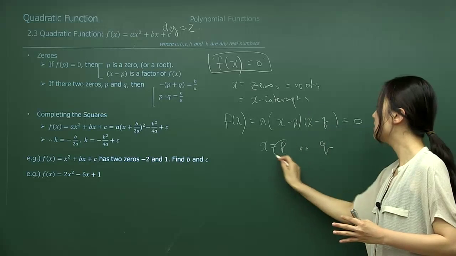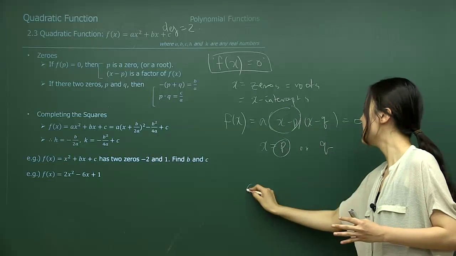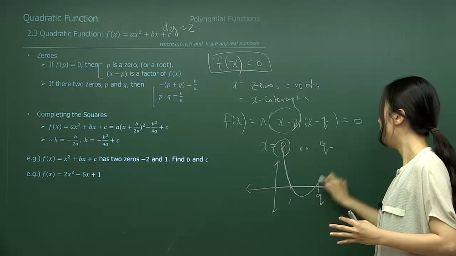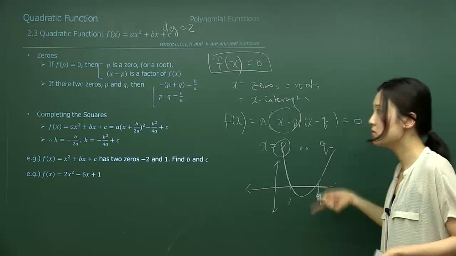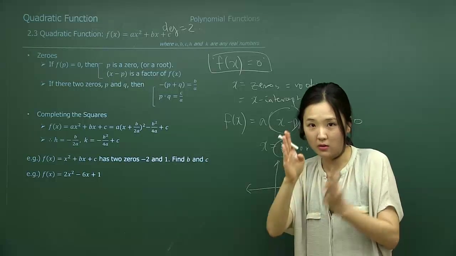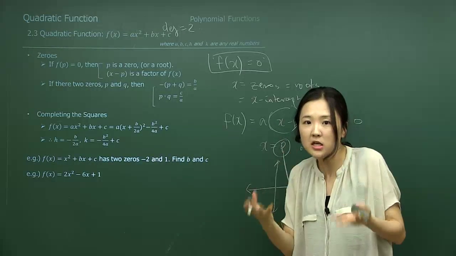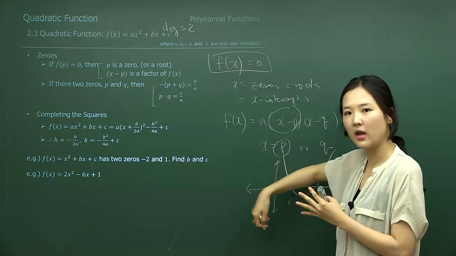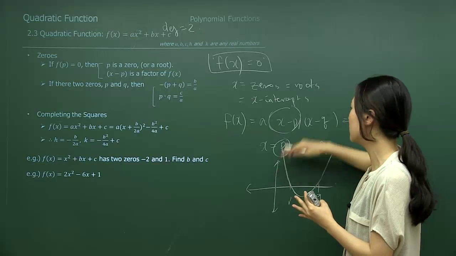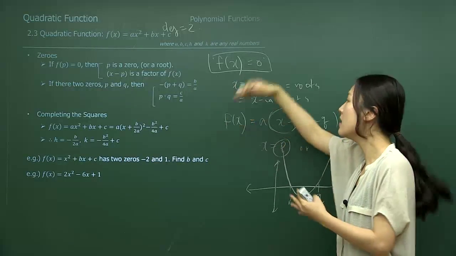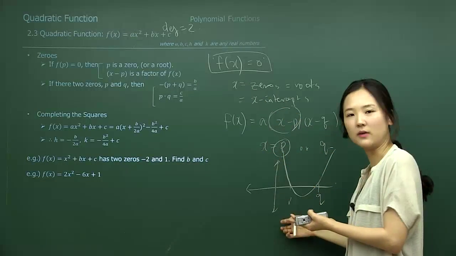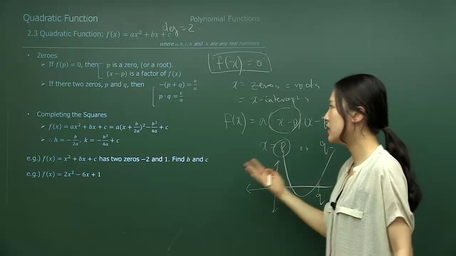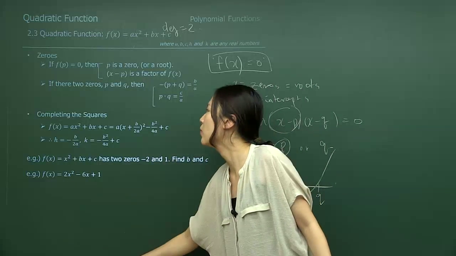So technically, the zeros and the factors and the p and q are all related. So if you know the zeros, you can also find what the equation is. So you can always go back and forth between the graph, zeros, factors, and equations, and from equations to factors to zeros to the graph. So just understand the correlations between the zeros, the graphs, and the equations, of course.